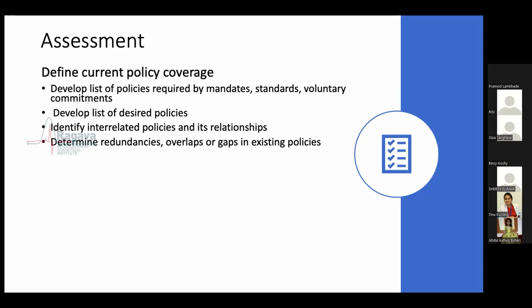But at the same time, there will be some voluntary commitments also by the department or the directorate. Maybe they will decide, okay, there is a lack of clarity around this process, so I would like to clarify this procedure or process to my staff by creating a policy and a procedure. They are not required to map it necessarily to mandates or standards, because there may not be any.